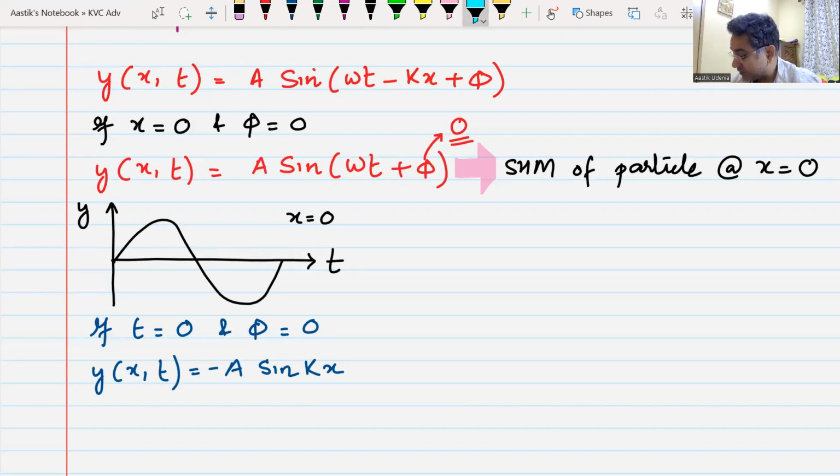What does this equation represent? This is the equation of y as a function of x. Again, this is a sine wave.